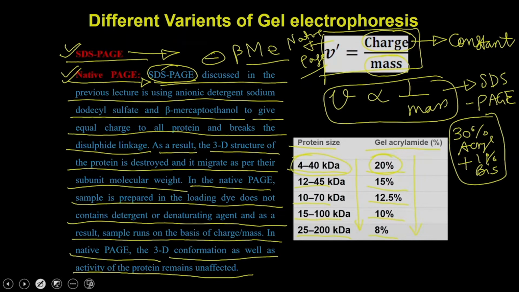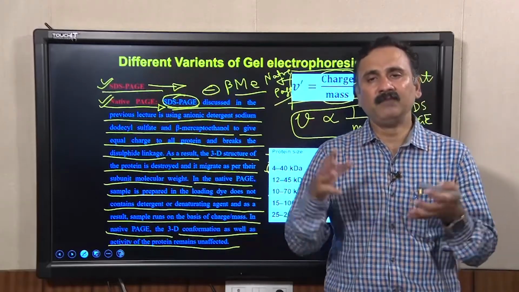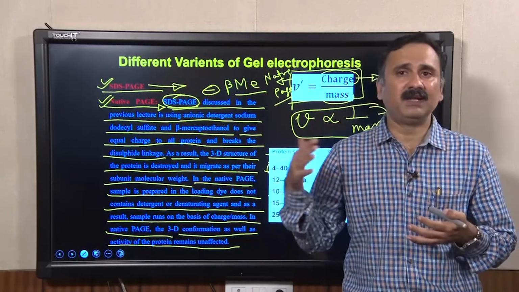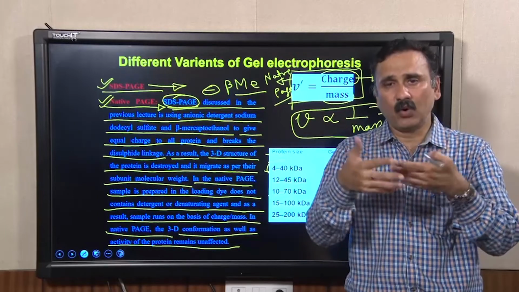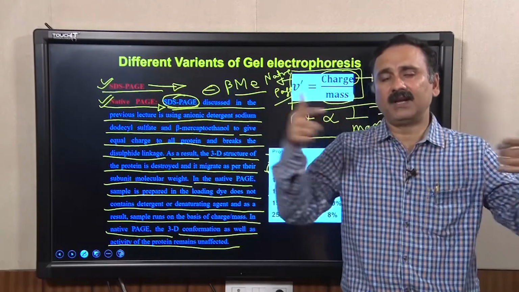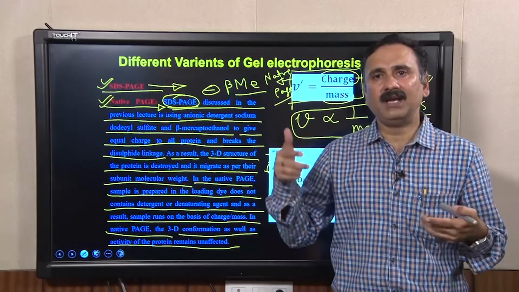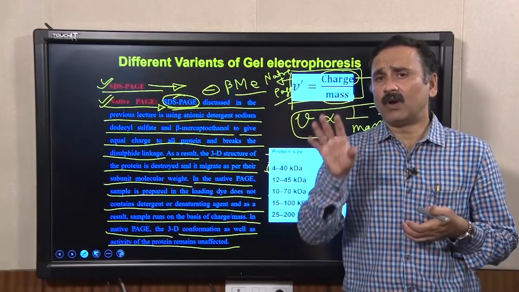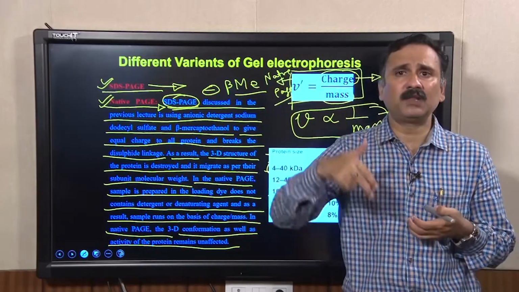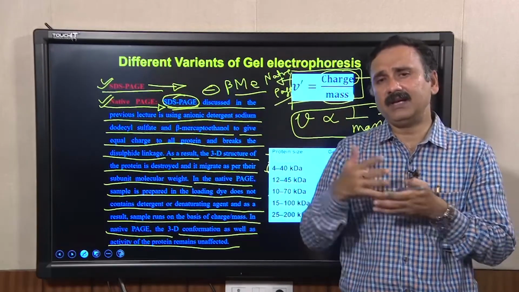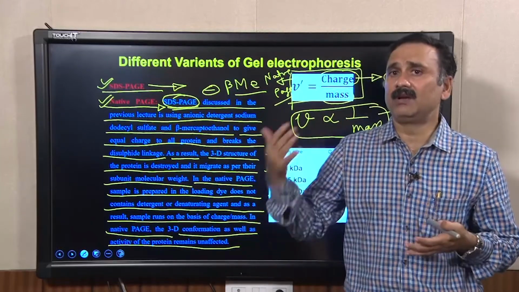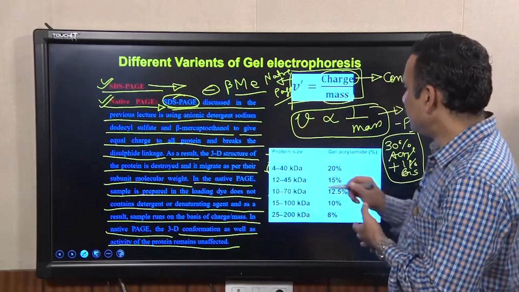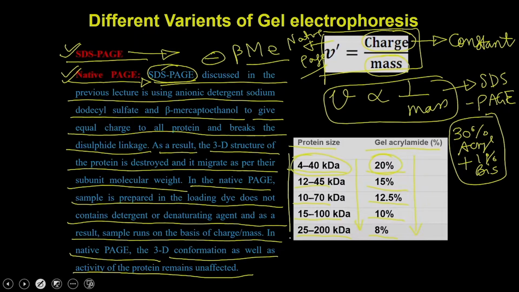I have shown you that when the acrylamide is cross-linked by the bisacrylamide, the fibers get connected and create a pore or mesh, and the molecule has to pass through that mesh. So, if you take a very highly concentrated acrylamide, the high molecular weight proteins are not going to enter.